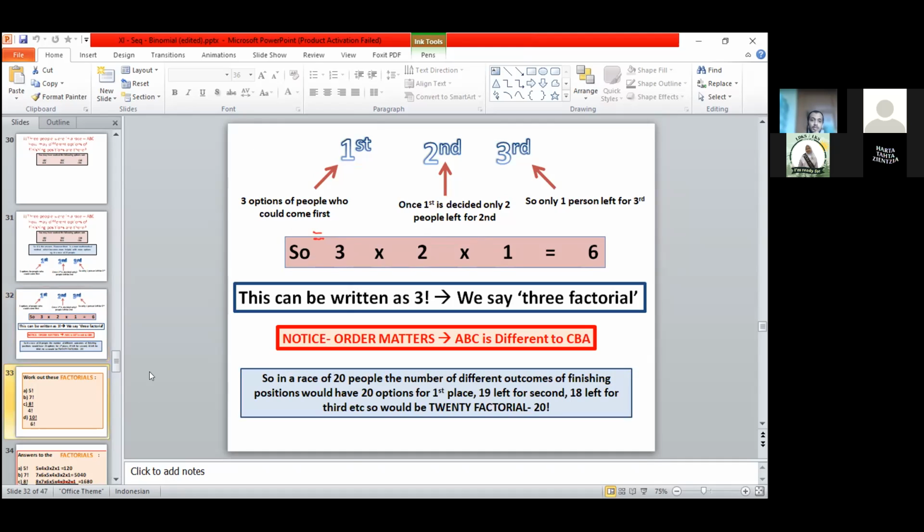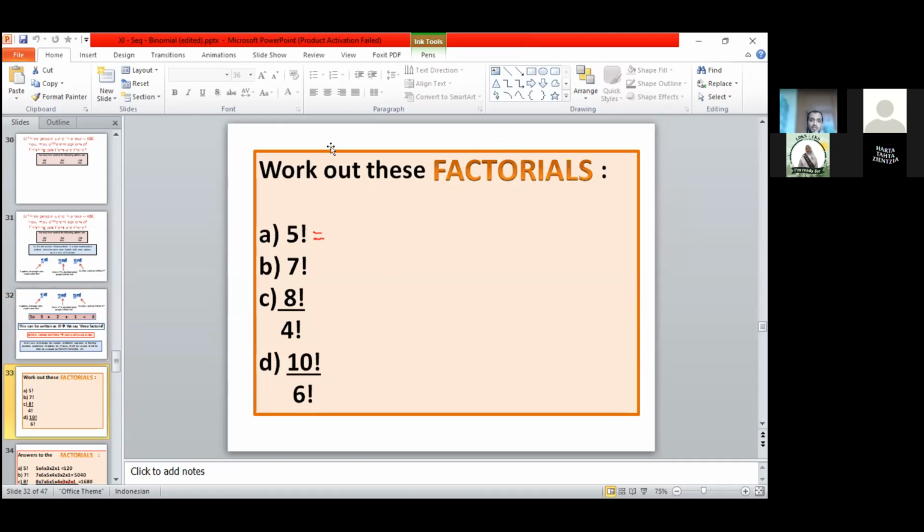In this case, 5 factorial will be 5 times the previous number, 4, times the previous number, and so on. So we do it all the way until 1, and when we get 1, we stop.